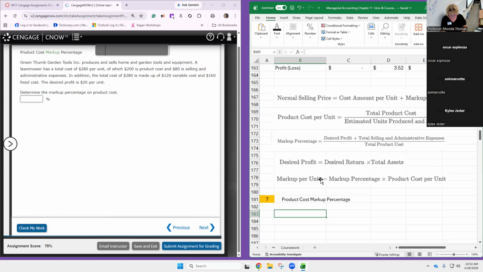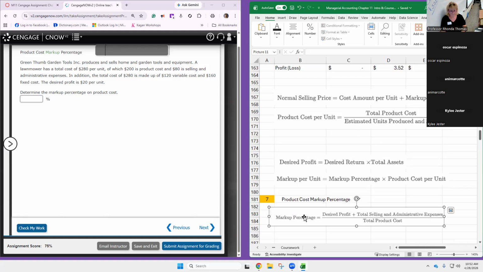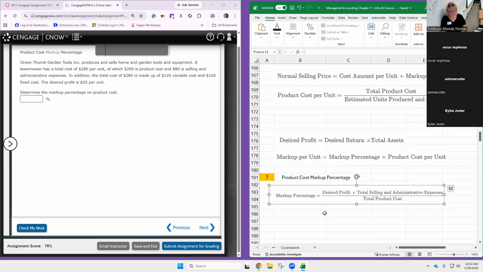So we're going to use markup percentage on product cost. These are different ways of finding out prices, but this is the one they want us to use.